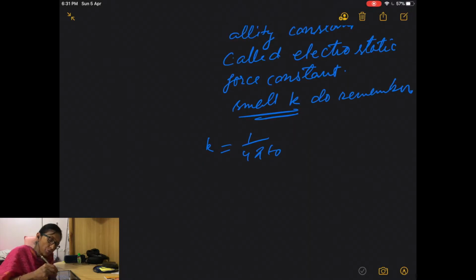Here a new term is coined. It is called epsilon naught.